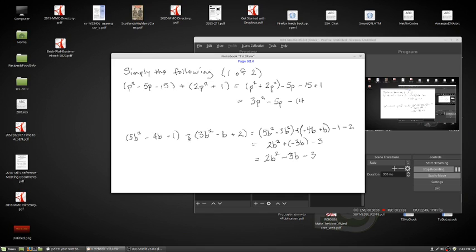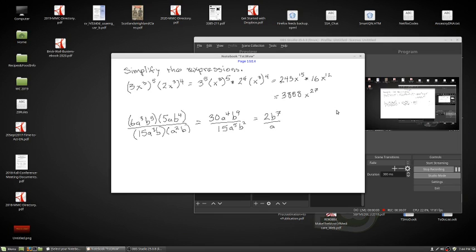Minus 4b minus a negative b. Minus a negative is the same thing as adding a positive. So minus 4b plus b is a negative 3b, so we end up with minus 3b. And then minus 1 minus 2 ends up being a negative 3. So those are fairly easy. You'll get one of those. Okay.